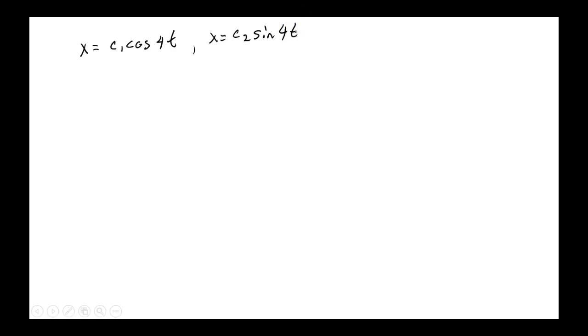Where C1 and C2 are arbitrary constants, or parameters. They're both solutions for this differential equation: x double prime plus 16x is equal to 0.